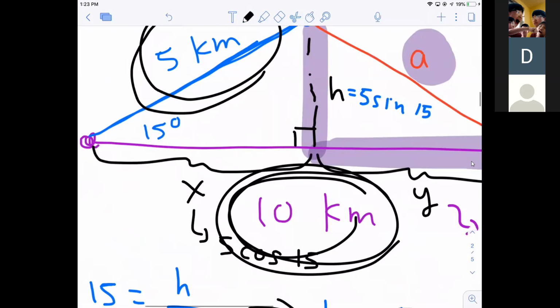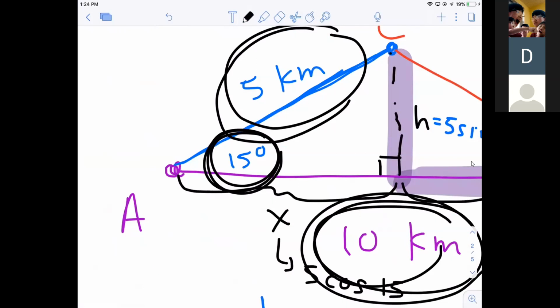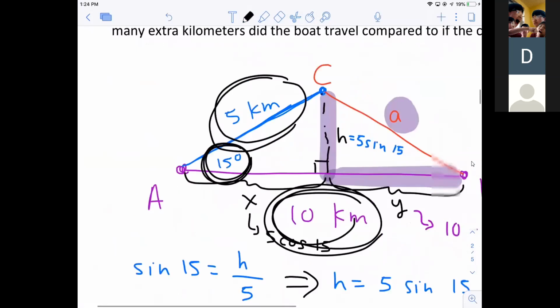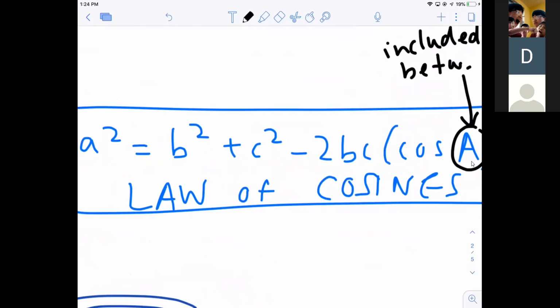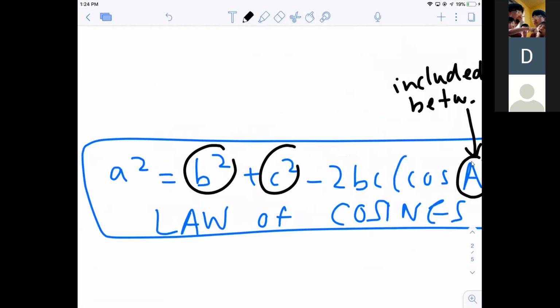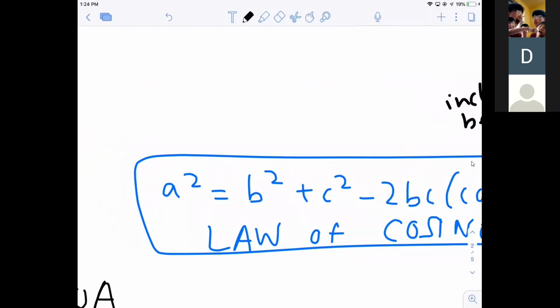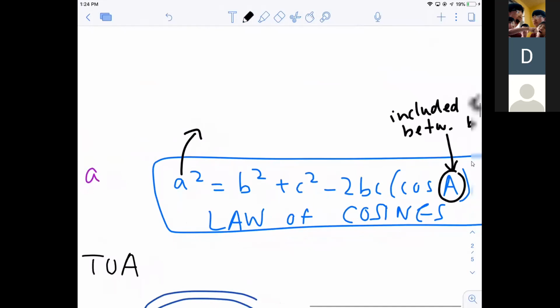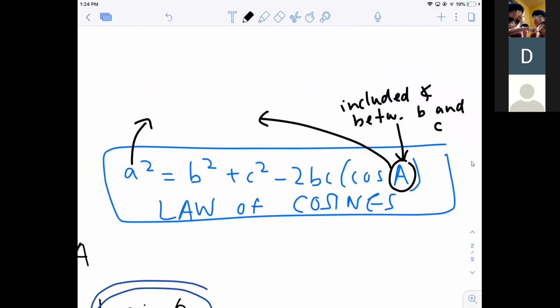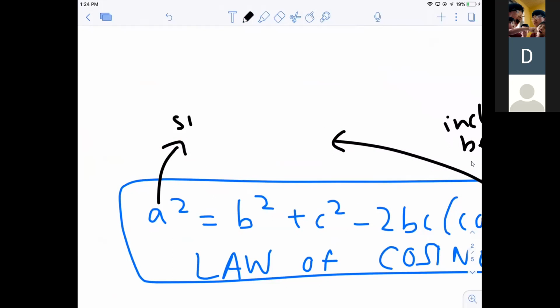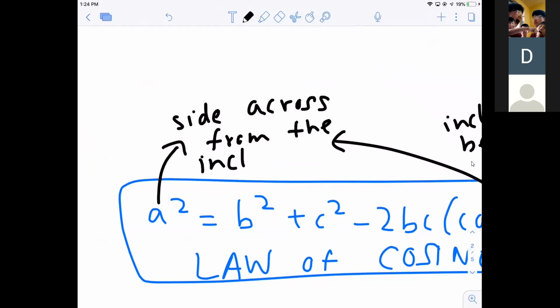So that angle, angle A, is always going to be in between those two sides. And then it's the same B, it's the same C. This A here will always be across from this angle. This is the side across from the angle that you're using in the formula. So it's the side across from the included angle.